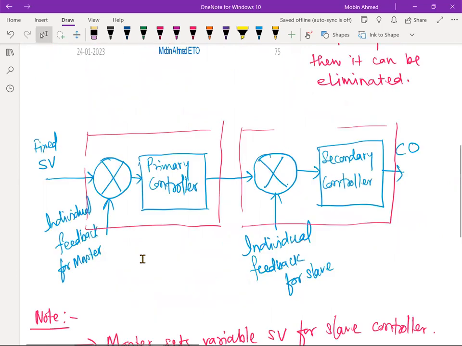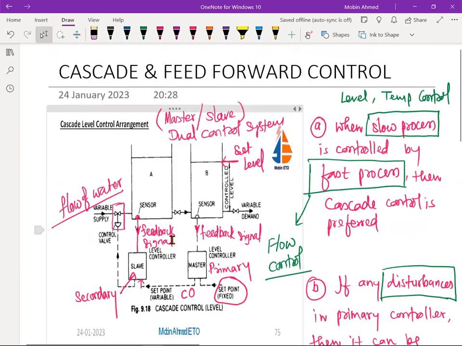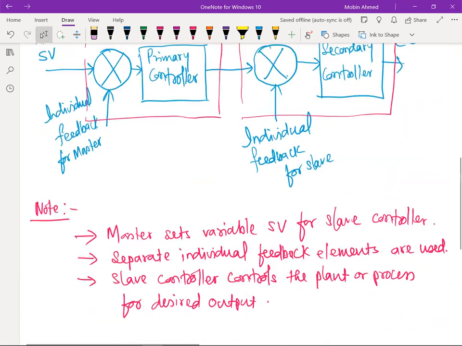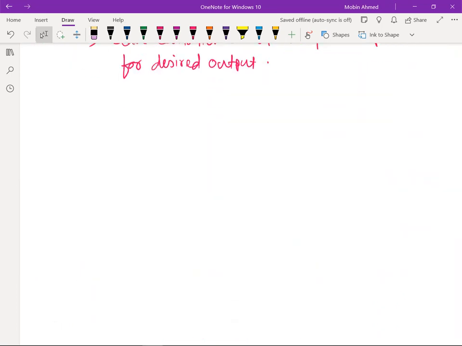Now there is something known as a feed forward control. Okay, let's see about the feed forward control. We have one example for this also. Let's see that one, then we'll go finally for that.